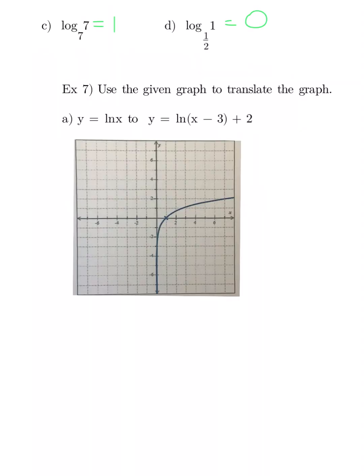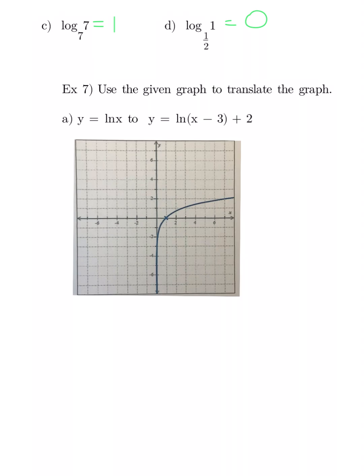We're being asked to use our given graph to translate the graph. So we are going back and using the translation ideas that we learned a while back, and we're applying them to logarithms. On the first example, we are given the graph of y equals the natural log of x. We're being asked to translate it to y equals the natural log of the quantity x minus 3 plus 2.